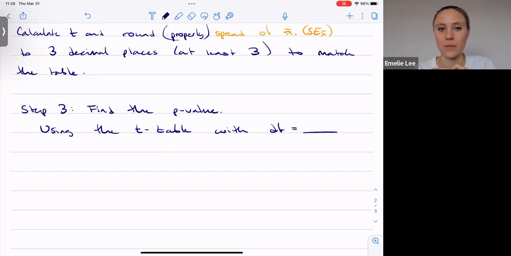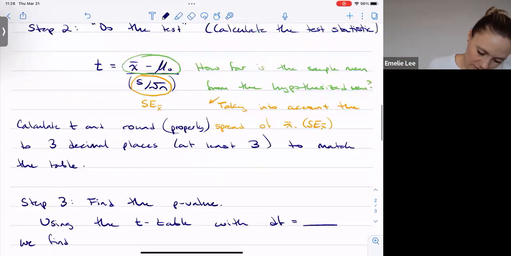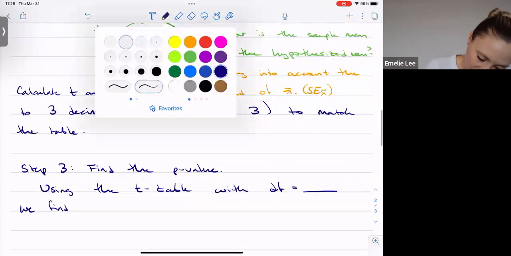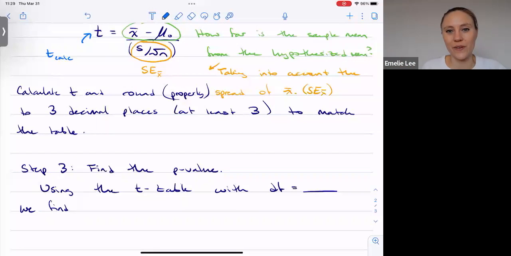And if you're using something other than that to match the table, then you have to say that. We find that, and what I'm going to do here is call this t-calc, just to show that that's your calculated value.